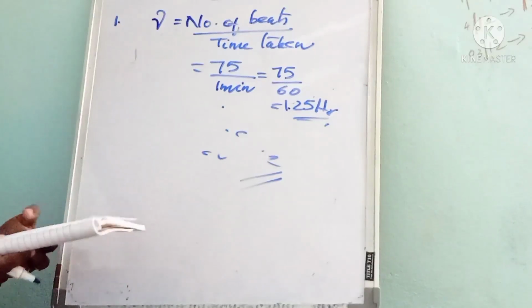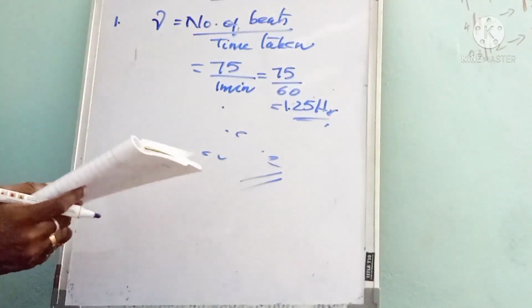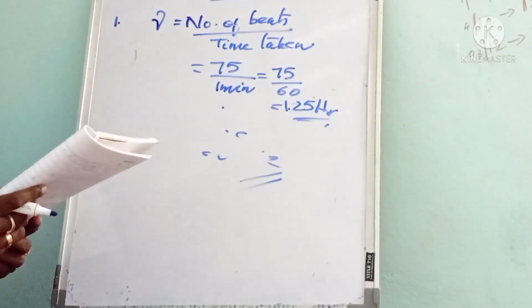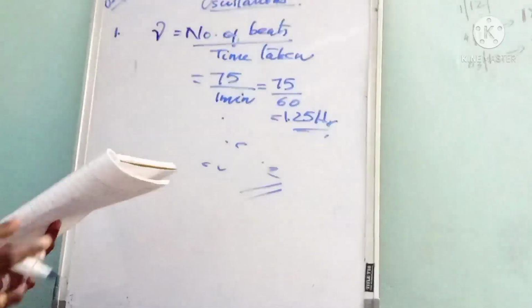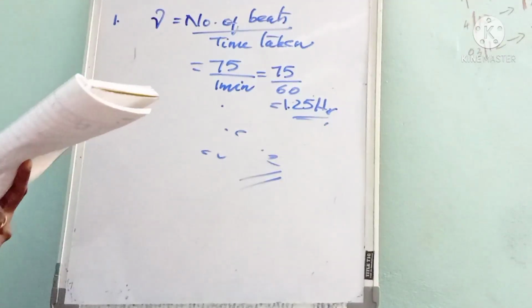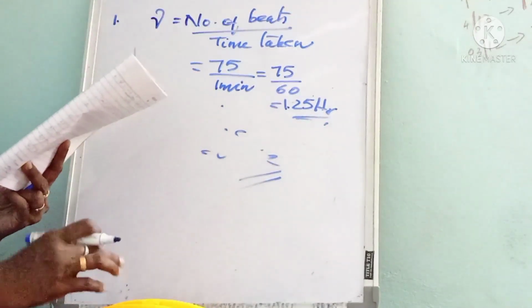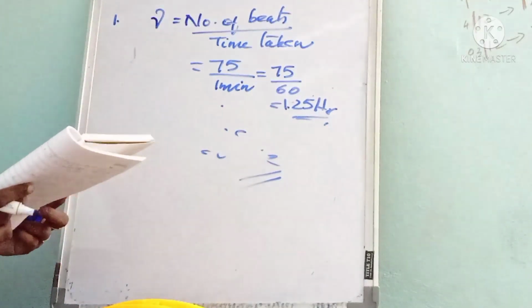The next question is: a simple harmonic motion is represented by x equal to 10 sine (20t plus 0.5).